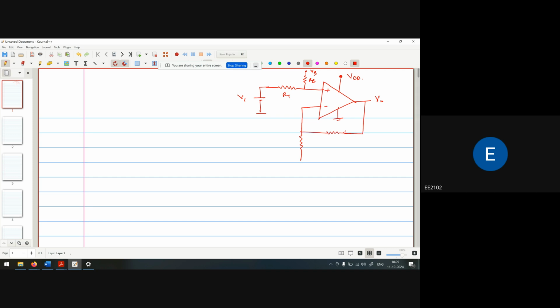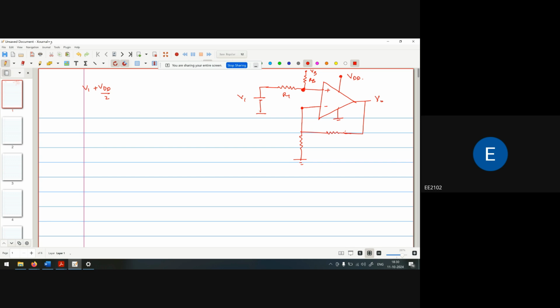This is my circuit. Now, with respect to this, what I require here is the voltage V1 plus VDD by 2. And at this point, what are we getting?